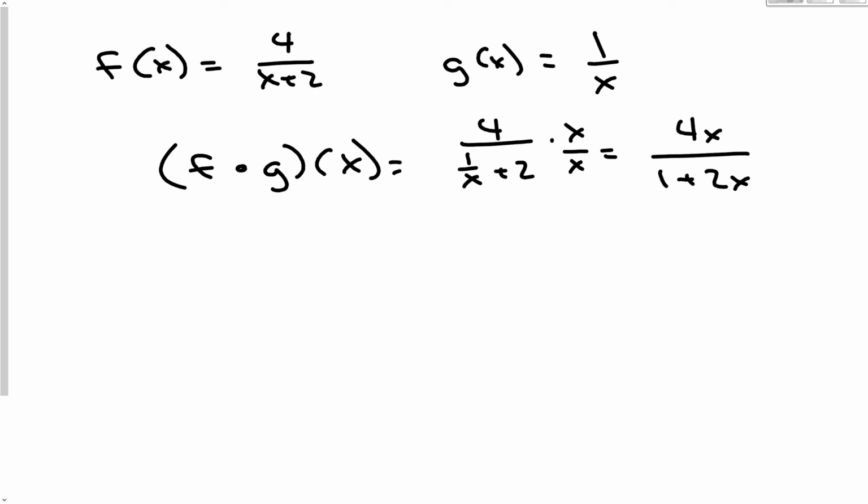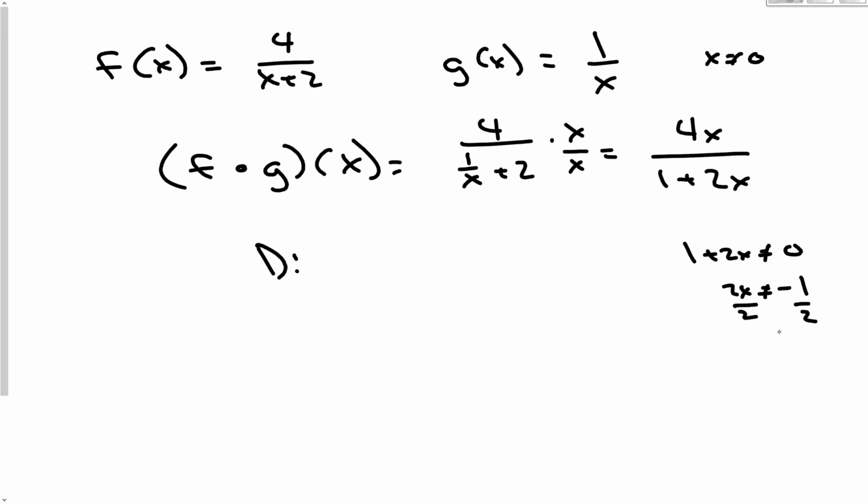Okay, so now the domain of this is going to be all real numbers except for 0, because x cannot be equal to 0 there, and whatever makes my combination function's denominator equal to 0. So that's 2x is equal to negative 1, not equal, right?